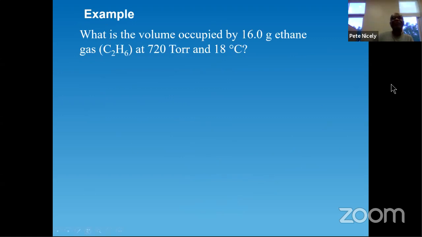What is the volume occupied by 16.0 grams of ethane at 720 torr and 18 degrees Celsius? Now, this one is a bit more challenging because we have some unit conversion to achieve. In fact, tell you what, I want you to look at this question. I'm going to step away for a minute. I'll be right back.